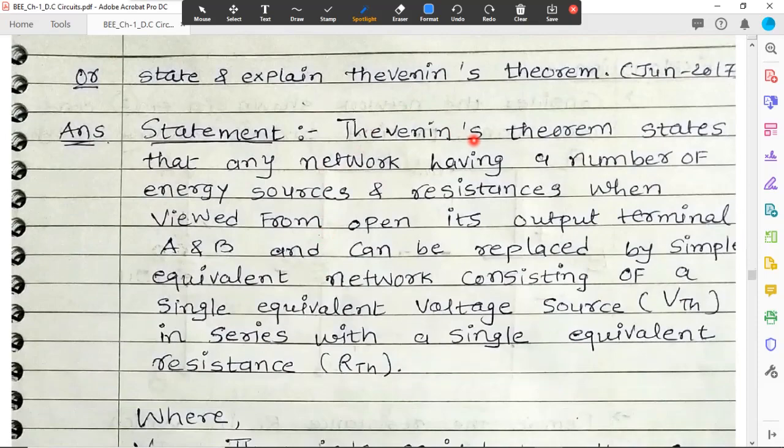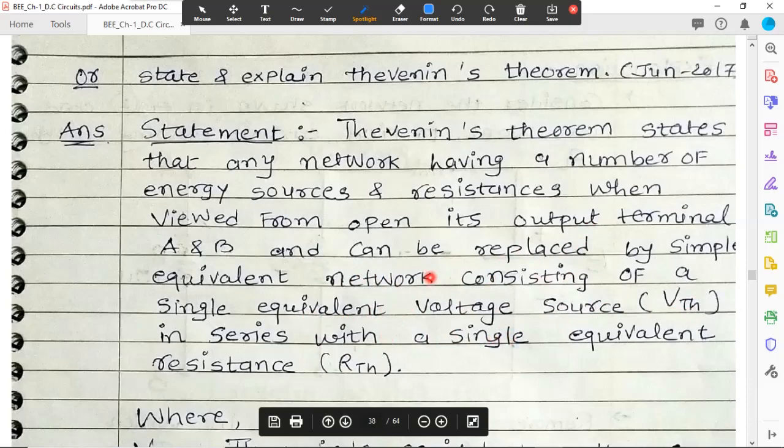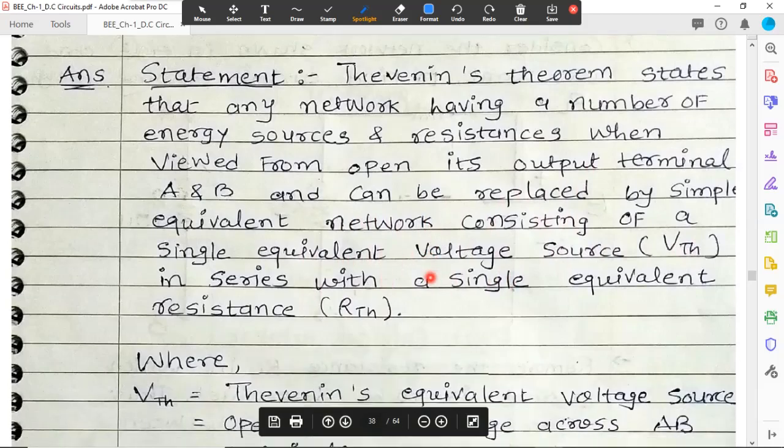Thevenin's theorem states that any network having a number of energy sources and resistances, when viewed from its output terminals A and B, can be replaced by a simple equivalent network consisting of a single equivalent voltage source, VTH, which stands for Thevenin's voltage source, in series with a single equivalent resistance RTH.